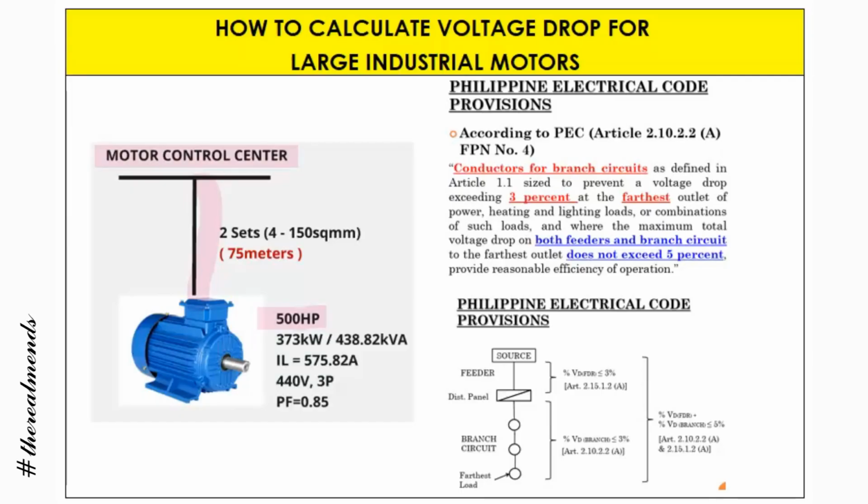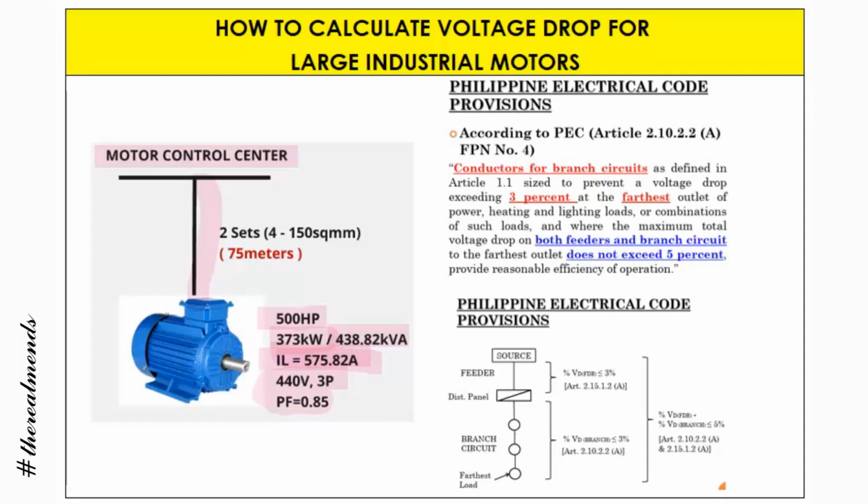Pag ganitong rating, 500 HP, meron siyang 373 kilowatts true power, and 438.82 kVA. So yun yung kanyang apparent power. Also given na rin yung line current, which is 575.82 amperes, 440 volts, 3 pole. Also yung power factor indicated as 0.85.